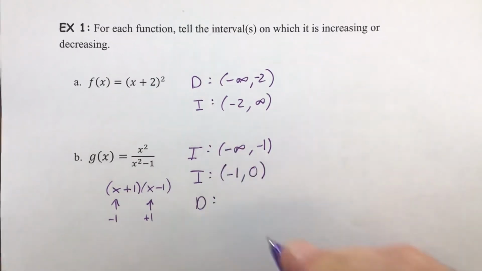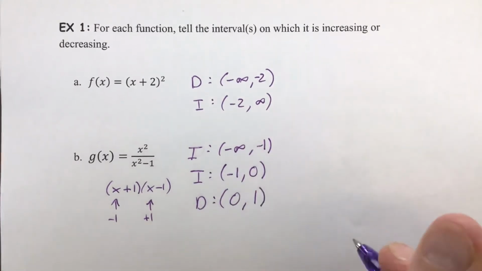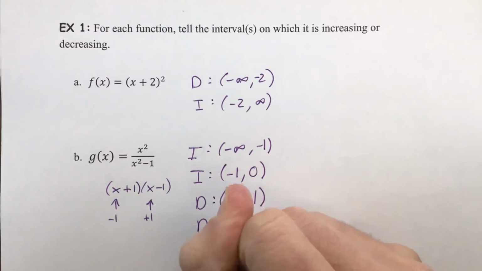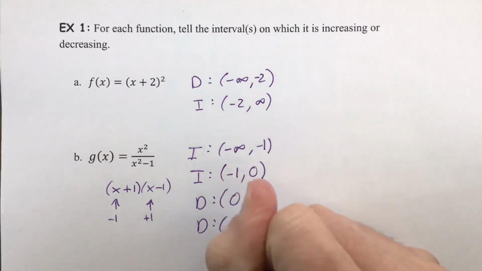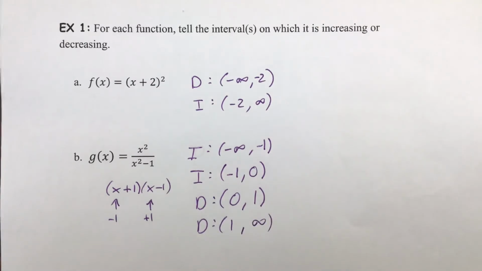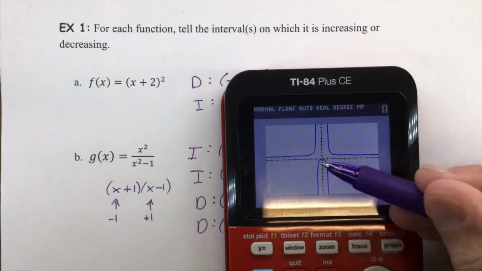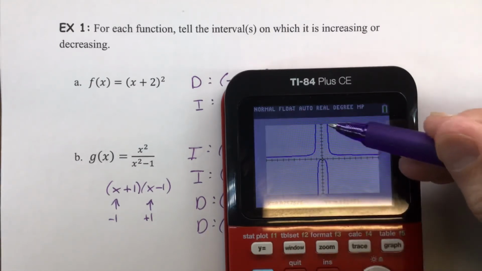The graph is then decreasing from 0 to 1 and decreasing again from 1 to infinity. We've got increasing, we've got increasing, we've got decreasing, we've got decreasing.